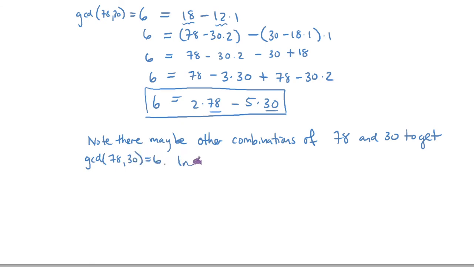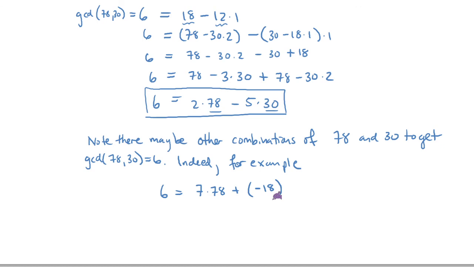Okay, let me just give you an example. So indeed, for example, look at this. You could actually write this as 7 times 78, and then you could add, well, you could subtract. Let me just write it as an addition, but it is a subtraction still.